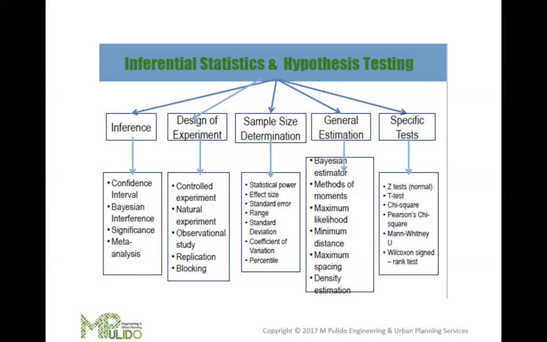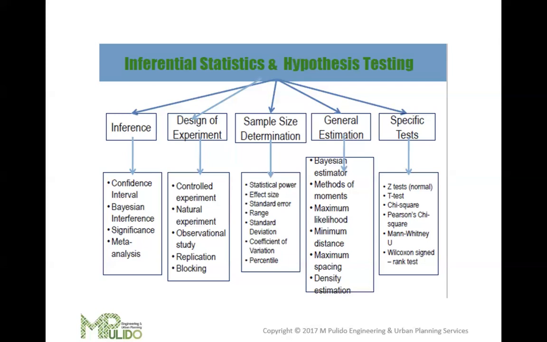Then significance is the probability that the observed result is due to chance. It is often represented by the p-value. For example, a p-value of 0.05 indicates a 5% probability that the observed results are due to random chance.